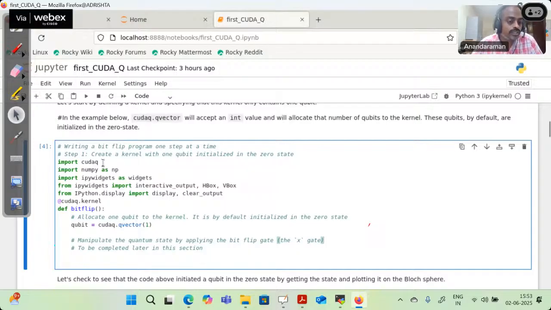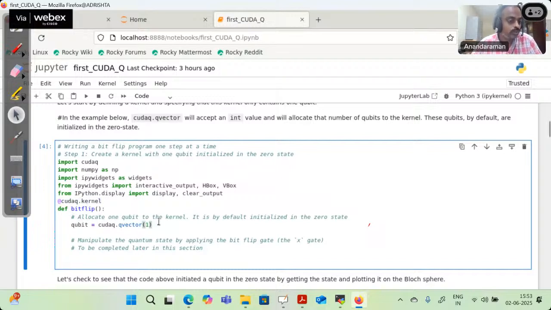Import cudaq. These things, Python widgets, are needed for visualizing. The actual quantum program starts after cudaq.kernel, and we are defining a kernel called bit flip.